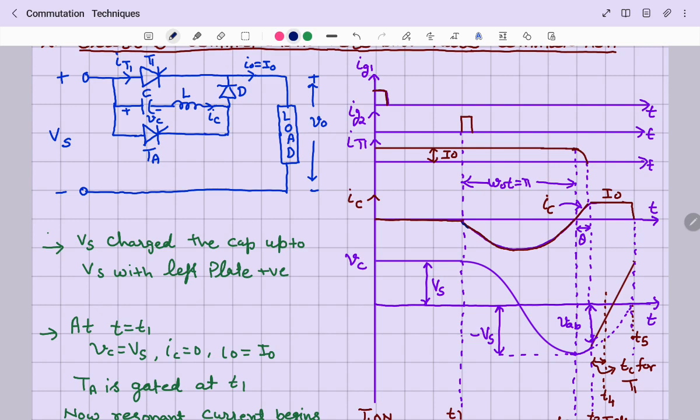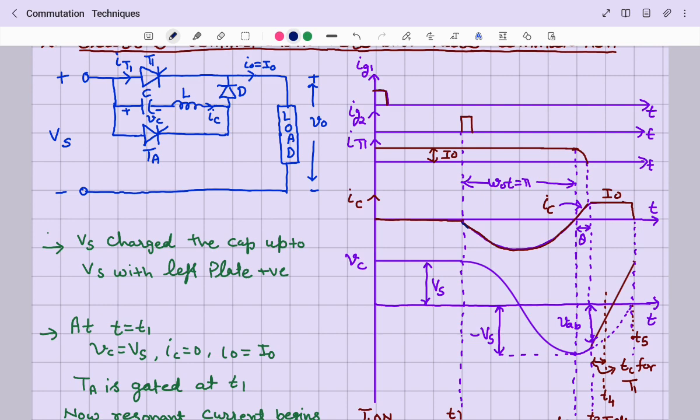Now this capacitor current, where the capacitor voltage is minus Vs, further flows through the inductor L, then diode D, and through thyristor T1, and then comes back to capacitor C. One can wonder how it is possible that current in thyristor T1 flows from cathode to anode.